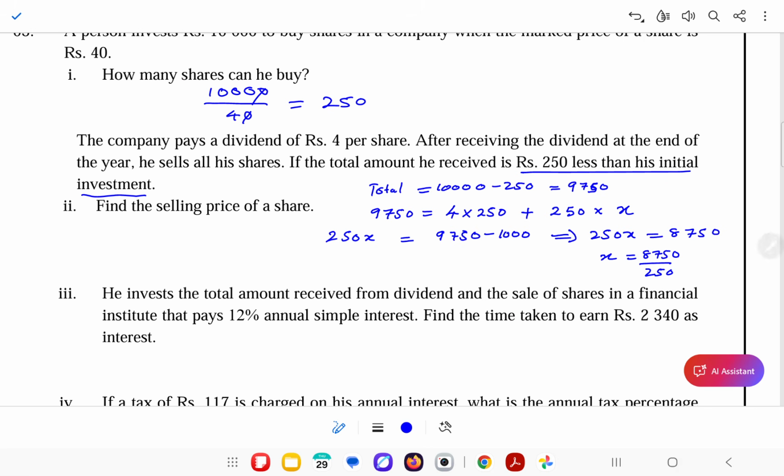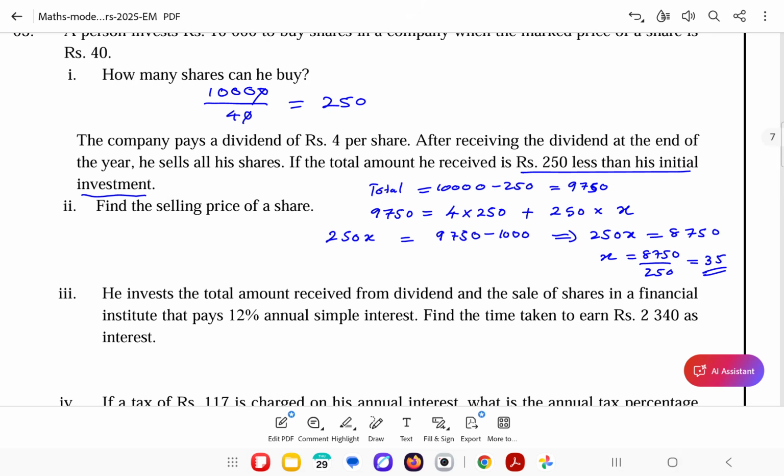Yes, 35 rupees. So his selling price is 35 rupees. 35 into 250 is 8,750, correct. So that's his selling price, 35 rupees, right?